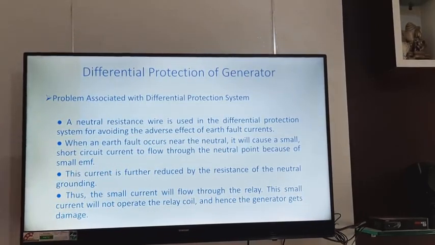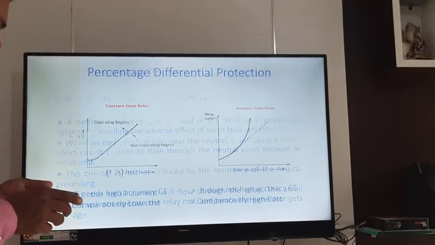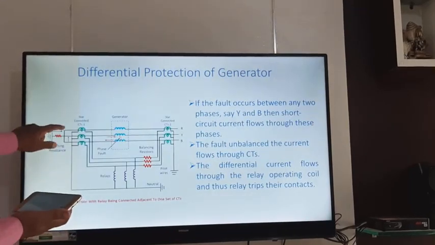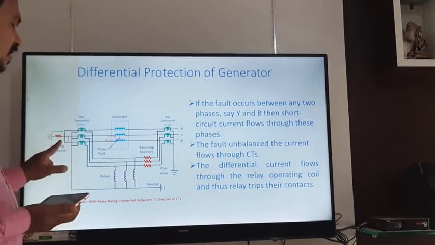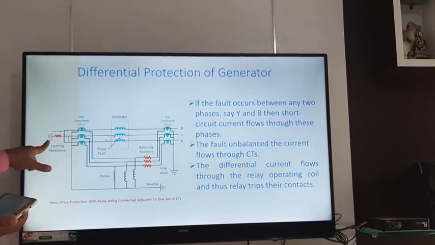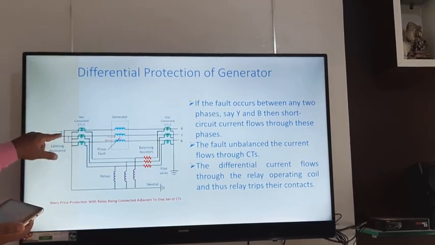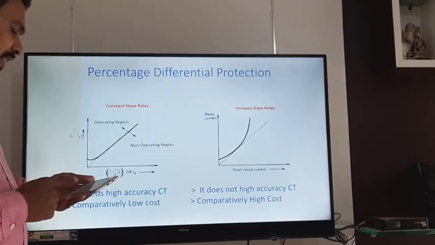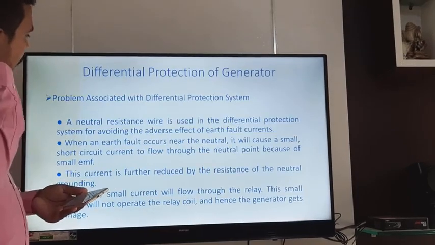So as we discussed, here one earthing resistance is connected to the star point of the generator winding. When the earthing resistance is connected to the star point of the generator winding, what problems arise?